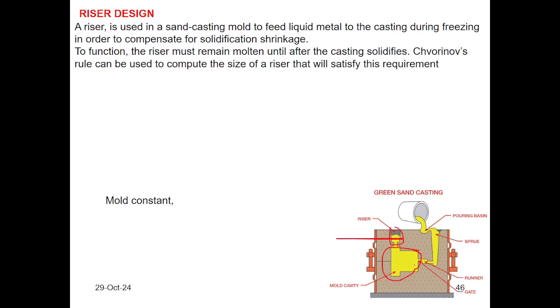If we can keep the metal within the riser still in liquid phase while the material in the mold cavity is turning back to its solid state, then we can compensate the solidification shrinkage.